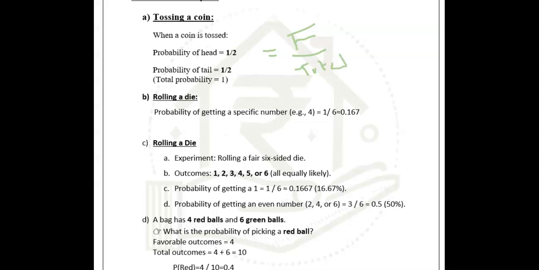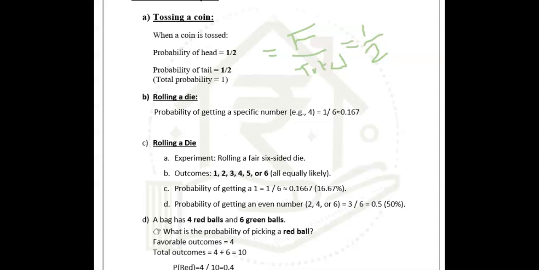It may be head or it may be tail. What is the probability of head? If you toss one time, it may come head or tail. So head will come 1 by 2. The total outcomes are 2, so the probability of head is 1 by 2.